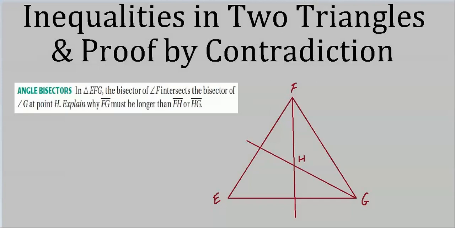I find that pretty unsatisfying. And there should be a way to quantitatively prove that this angle H here has to be obtuse. And what they're asking us to do is to show that this side here is longer than this side or this side.